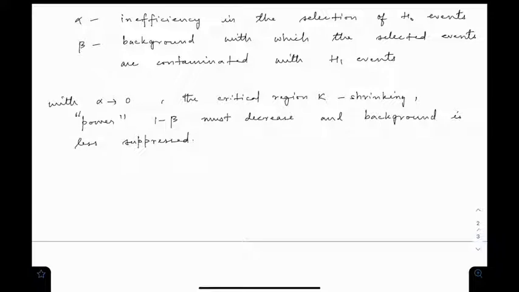For fixed alpha, the power indicates the quality of a test, that is, how well alternatives to H0 can be rejected.